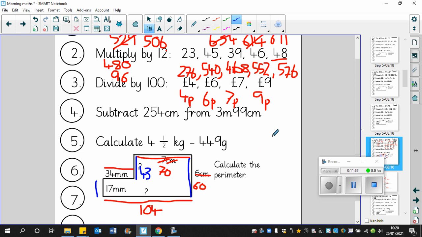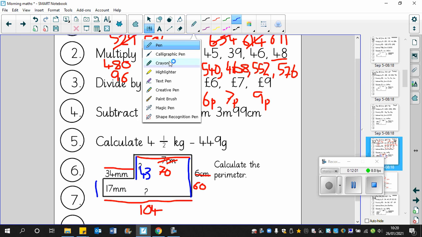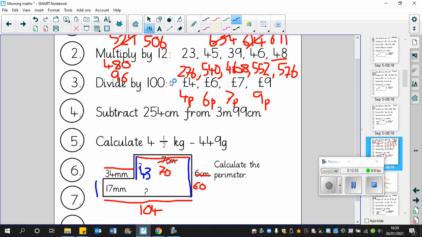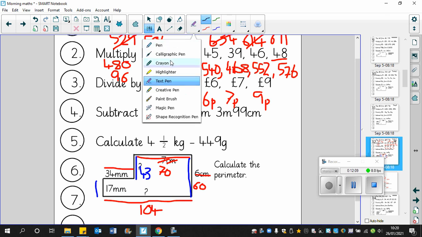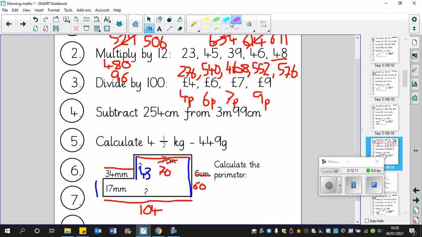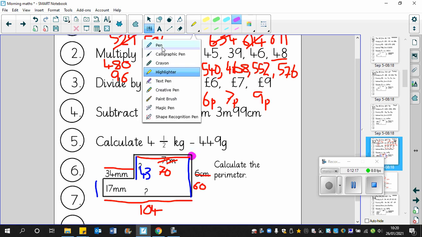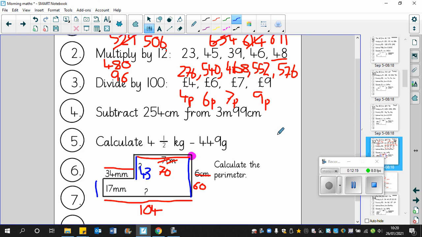I tell you what I'm going to do now is I'm going to start off in the same way. Highlighter. So I'm going to start off in this spot, but what I'm going to do is add these numbers up. So I'm going to add up 60, that number there, so put a circle around it.